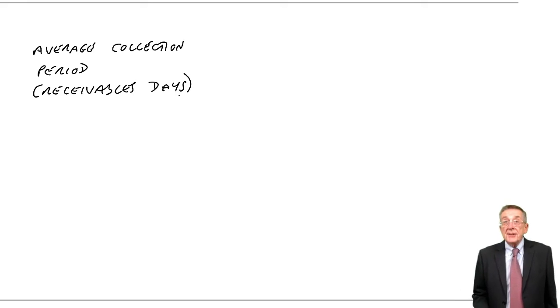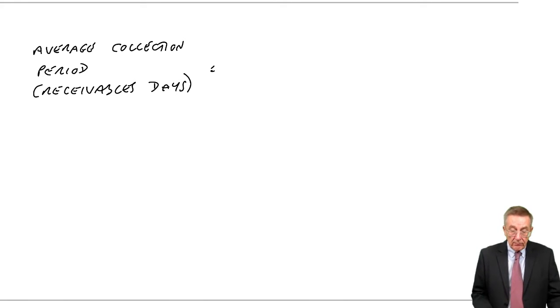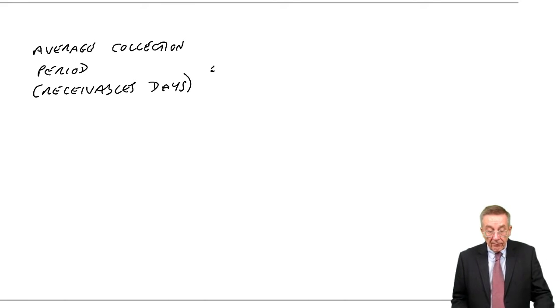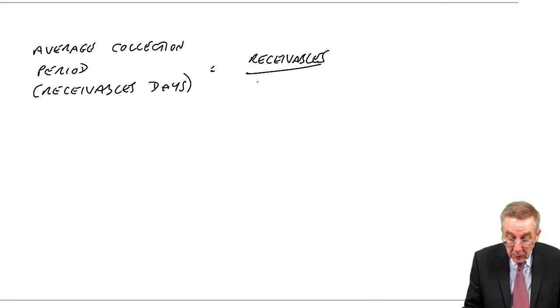And what this is an estimate of how many days it's taking us to collect money from our customers. As you can see, we take our receivables, the old word used to be debtors, divided by the total sales or the revenue.